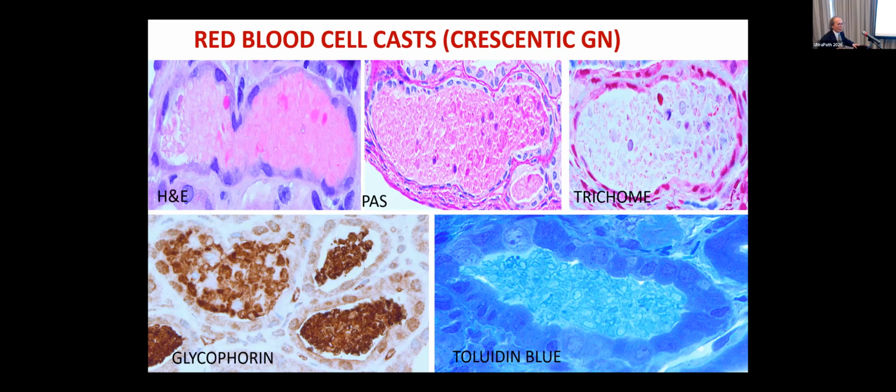When we do an immunohistochemical study for glycophorin A, which is the marker for the cell membrane of the red blood cell, they are strongly positive, and that is the typical picture that we see in the interstitium, blue. In some situations, the content of the red blood cell disappears, and now we have only the membrane of the red blood cell to be visible.